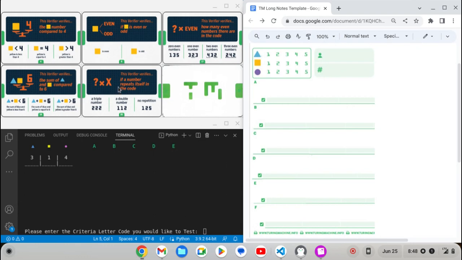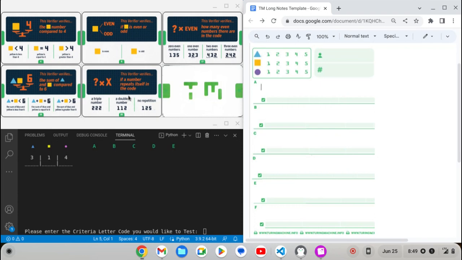And finally, criteria card E again looks at our 3-digit solution, and the Turing machine will tell us a little bit about how those digits are structured. One possibility is that there are no repetitions among our 3 digits, meaning they're all unique, as in the example 1, 2, 5.